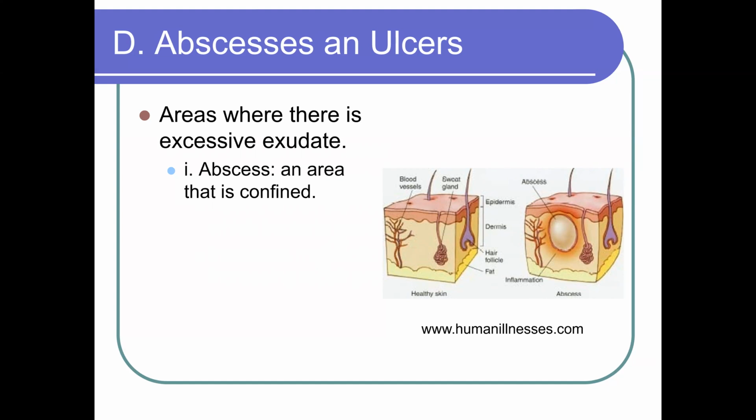Then there's nothing to do but go in there and drain it, and then probably take them back two or three additional times and wash their abdomen out to make sure it doesn't recur. But if you have an abscess, which is a confined, walled-off area of infection, it's going to need to be drained.